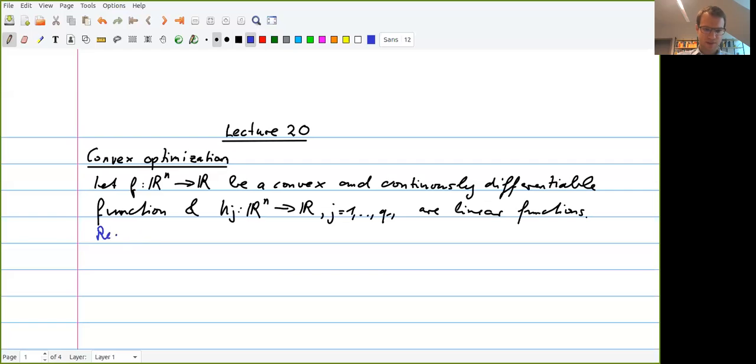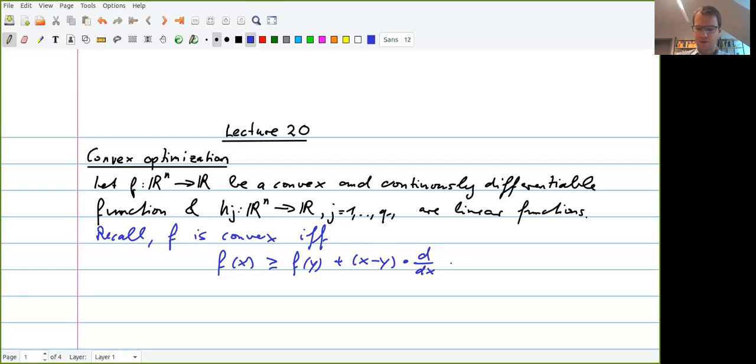Just a side remark, which you hopefully have seen at some point in one of your analysis courses: if I have a convex function, and here in the setting f is a continuously differentiable function, then it is convex if and only if I can estimate the function at point x by the function evaluated at point y plus the scalar product of the difference of x and y with the derivative of f at y.